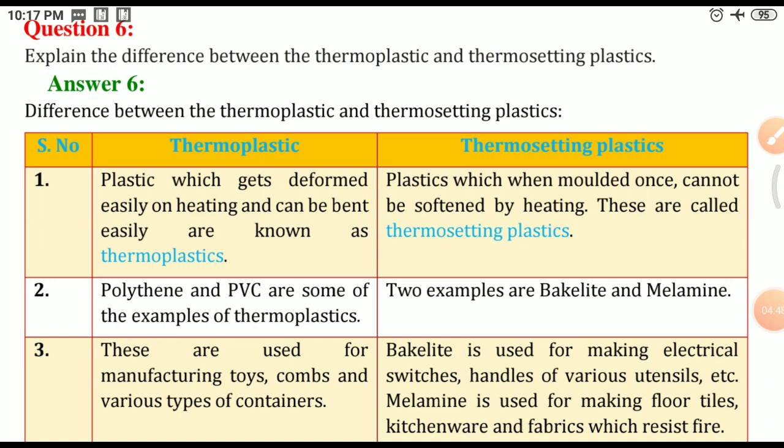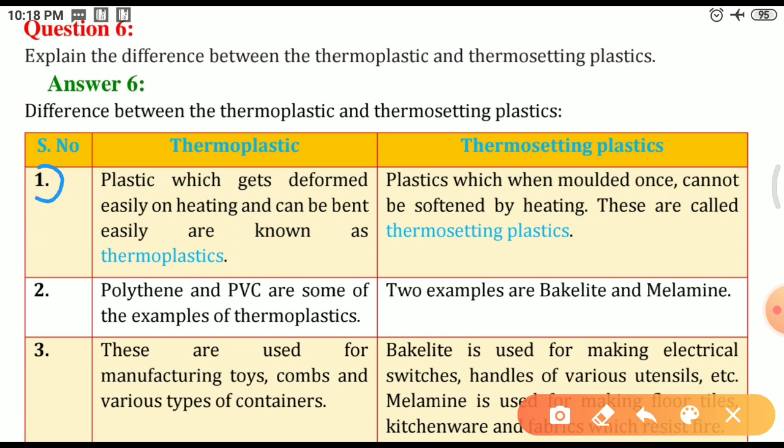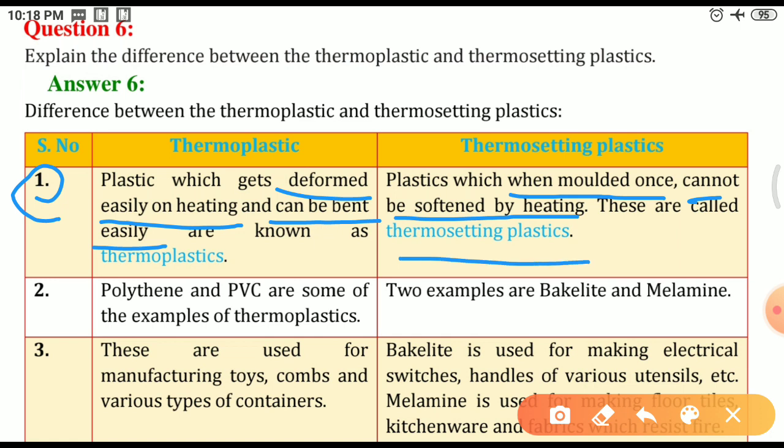Question number 6 is explain the difference between thermoplastic and thermosetting plastic. The difference between thermoplastic and thermosetting plastics is: plastics which get deformed easily on heating and can be bent easily are known as thermoplastic, while plastics which, when molded once, cannot be softened by heating are called thermosetting plastic.